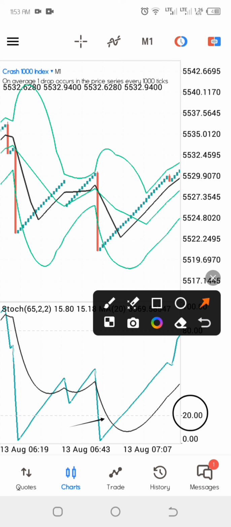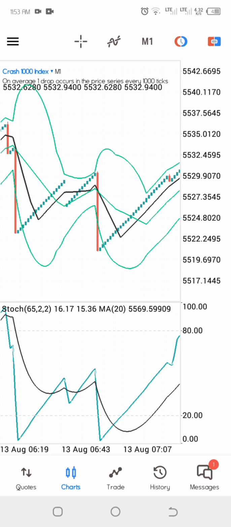Once it crosses above the moving average, then you are going to be looking for your main chart trade. It has to cross above before it touches the 20 levels. You have to keep that in mind, which you can see right here. The stochastic oscillator has to cross above the moving average before it touches the 20 levels.